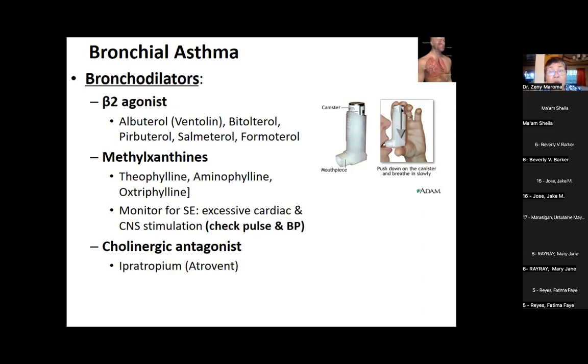Another drug, cholinergic antagonist or anticholinergic. Ito naman, exemplified by Atrovent or ipratropium.